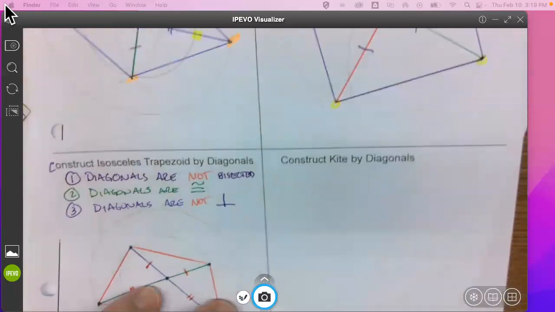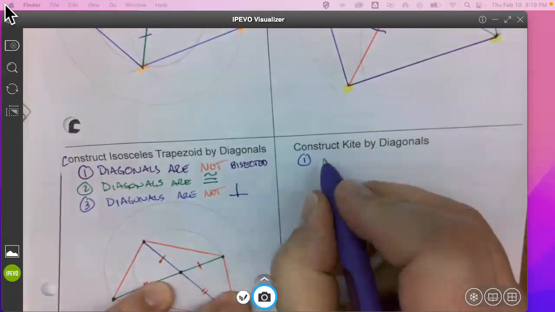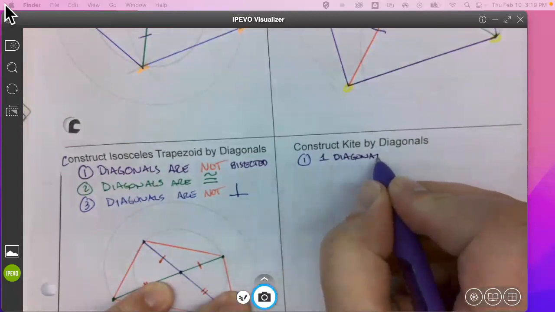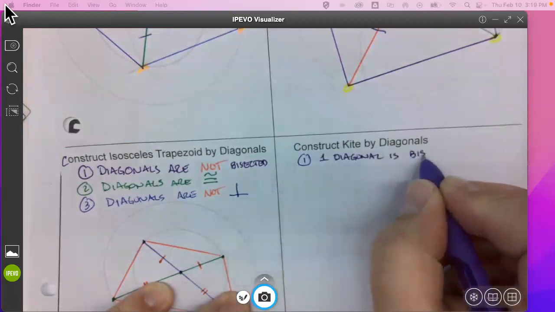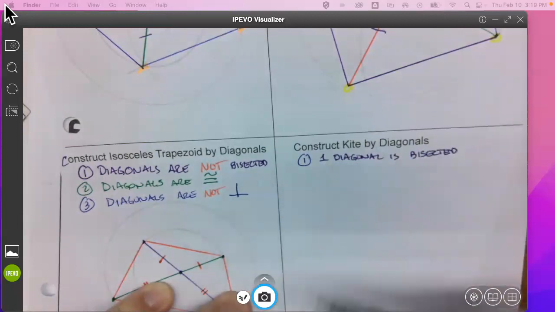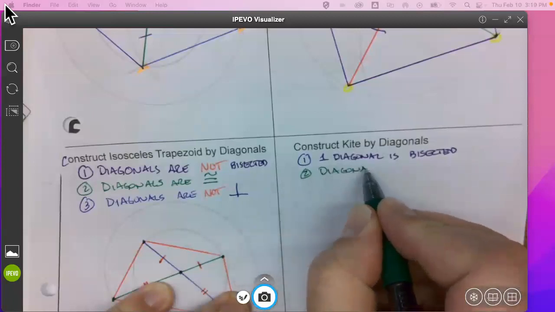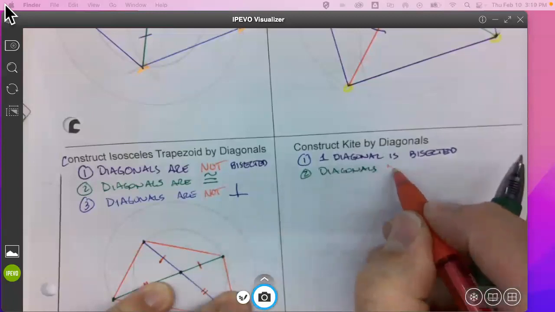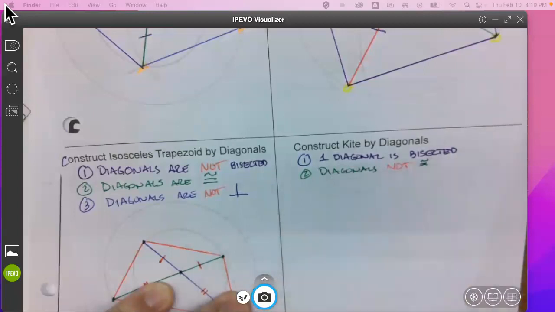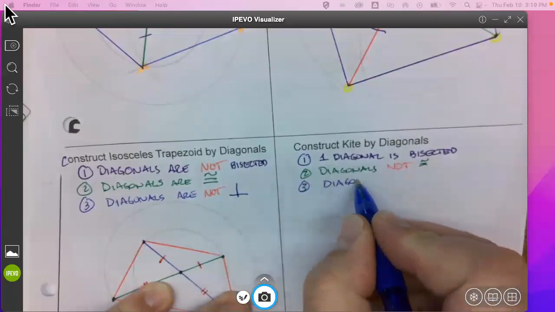So what we're going to say in our diagonals is one diagonal is bisected. Diagonals are not congruent. But diagonals are perpendicular.